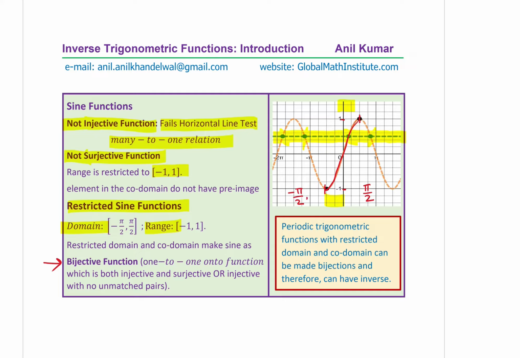So our restriction here is from minus pi by 2 to minus 1 and from pi by 2 to 1. So we do have an absolute minimum and absolute maximum value for this, and the function is always increasing. So by this restriction, what have we created? We have created a bijective function. Perfect. And this function can have an inverse.